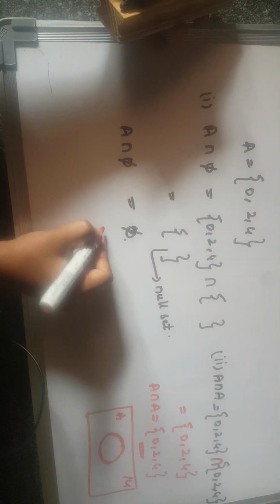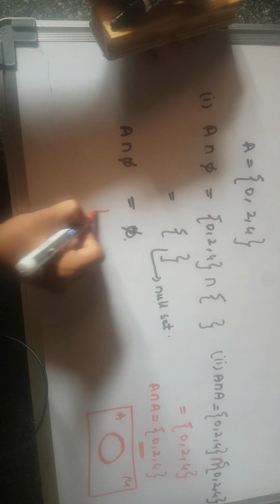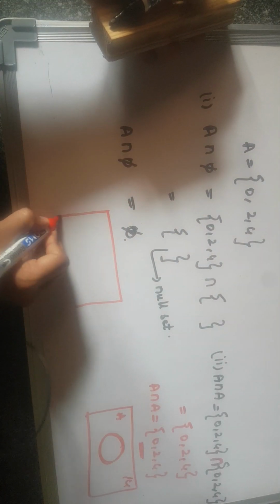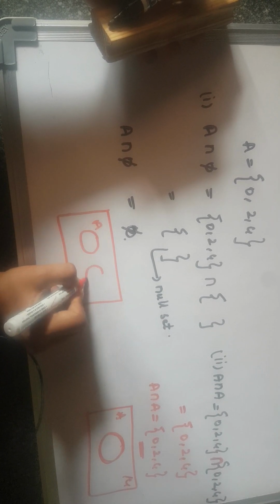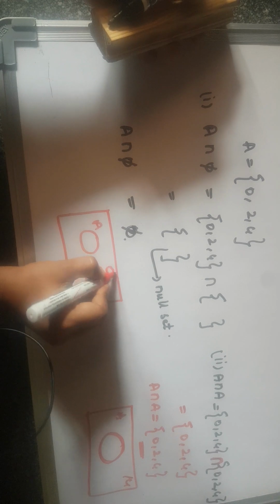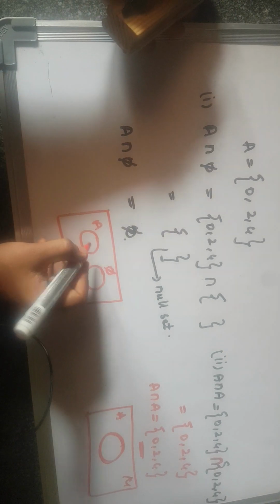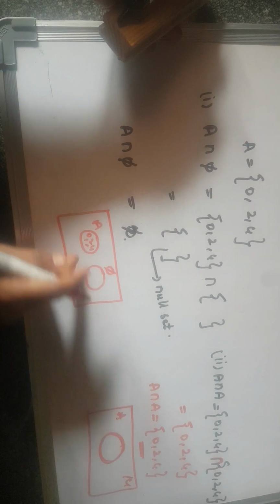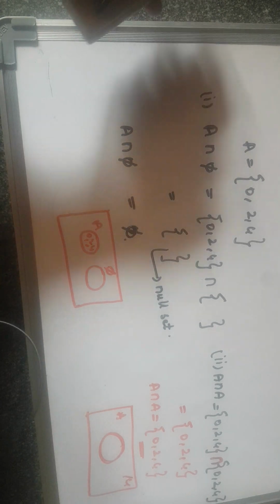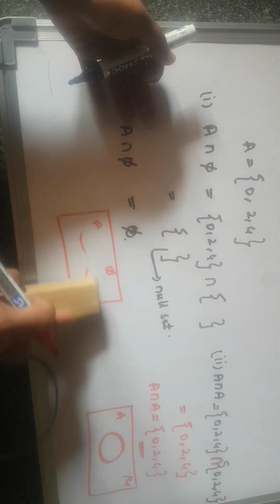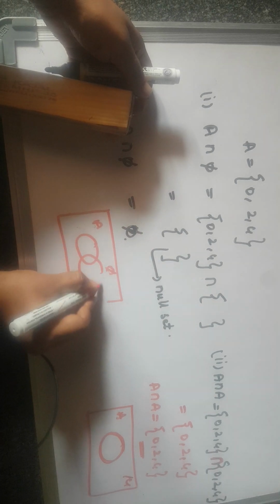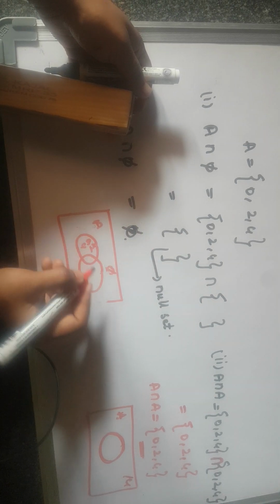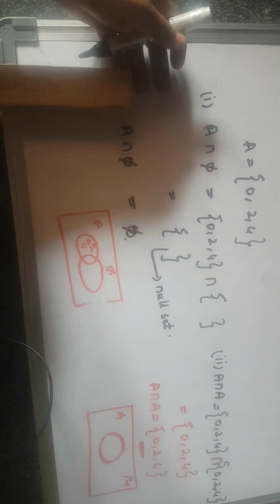And if you represent this in the diagram, A intersection 5. What is the value here? 0, 2, 4 elements are there, but in the intersection no values are there.